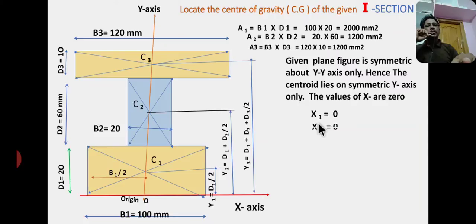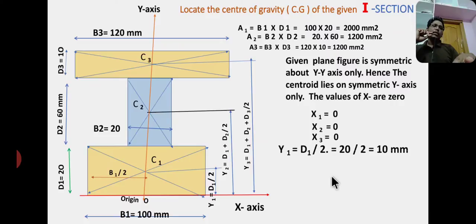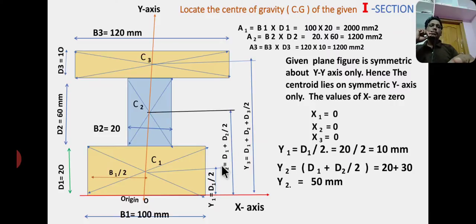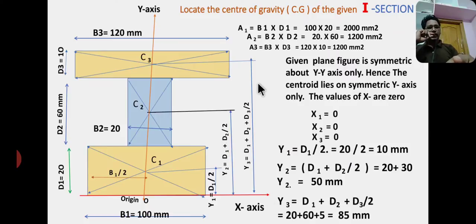So x1 equal to 0, x2 equal to 0, x3 equal to 0, because the given section is symmetric about the y-axis. Please remember. Now y1 equal to D1 by 2 equal to 10 mm, y2 equal to D1 plus D2 by 2, that is 50 mm, y3 equal to D1 plus D2 plus D3 by 2, that is 85 mm.